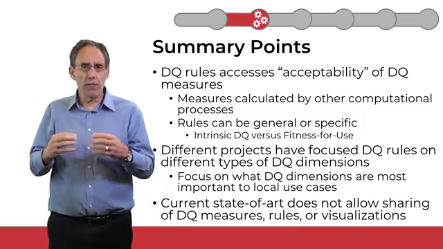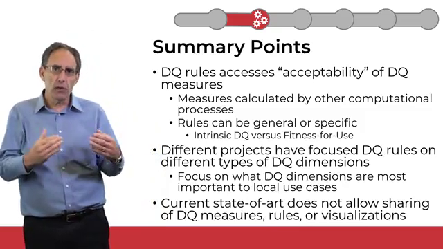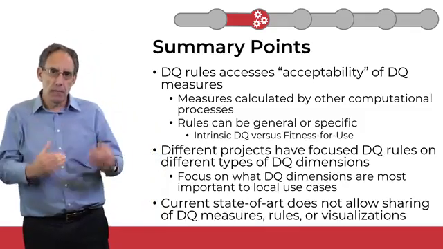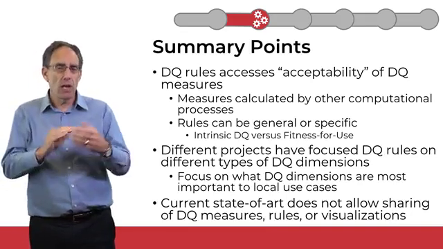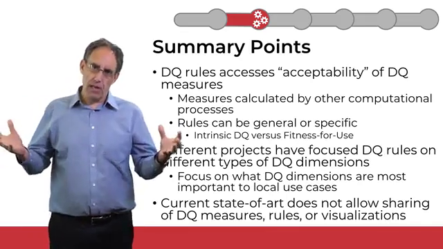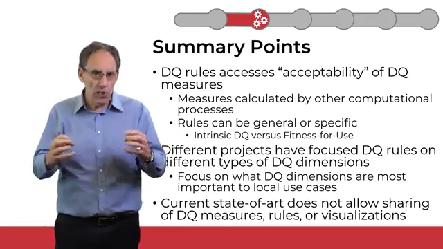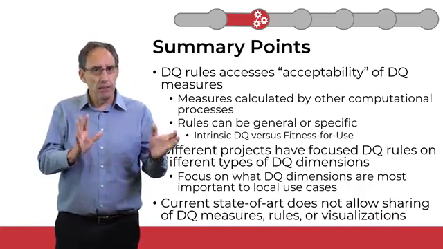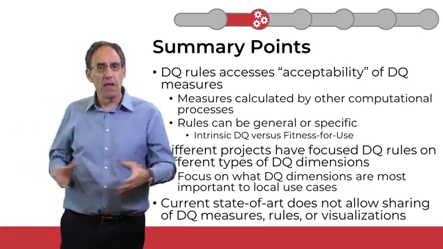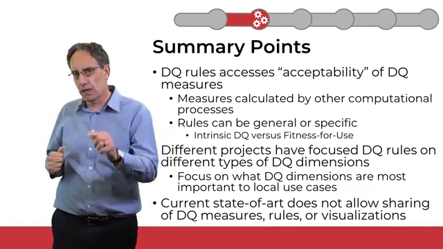Different projects will develop data quality rule sets that inspect data sets for data quality issues that are most meaningful to their end users and use cases. We hope for a future state where data quality rules and tools can be used interchangeably. That day may not be far off, as a group of investigators are actively working on solving this problem.